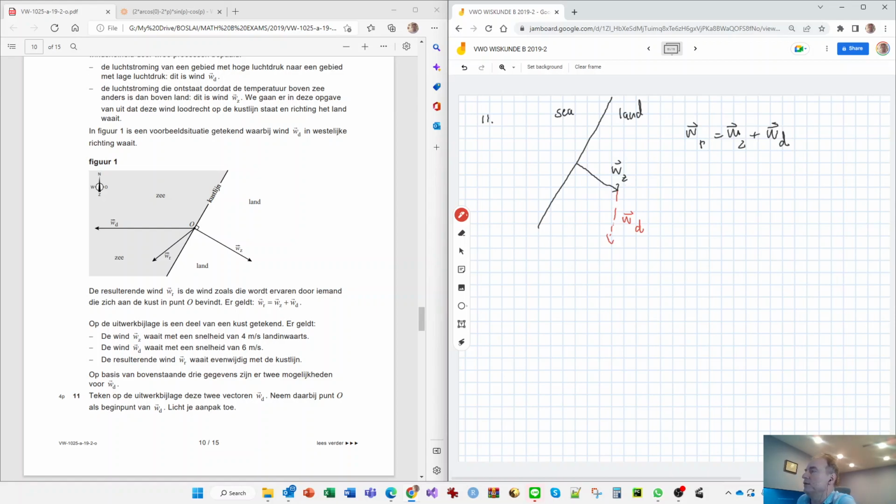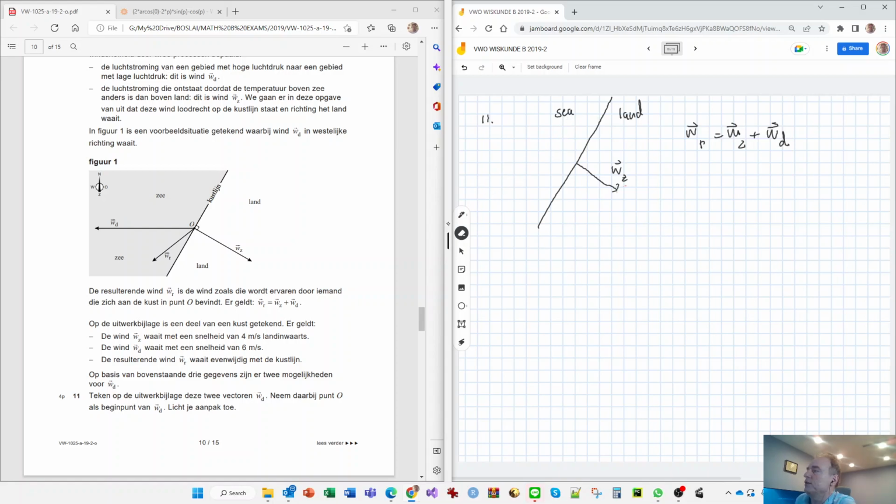But we only know the length. This could also be in this direction. So basically, let's see, what are they actually asking? There are two possibilities for WD.